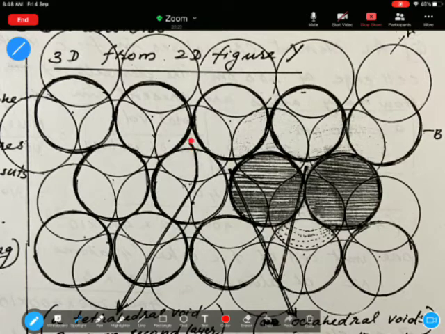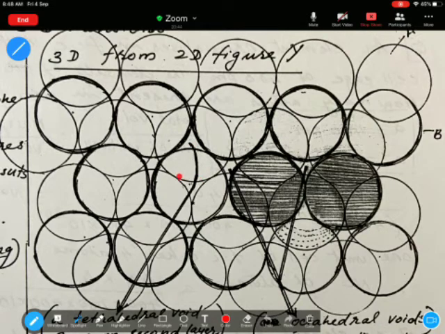If you keep balls on all tetrahedral voids, I told you, then you cannot keep at octahedral voids. If you are keeping on octahedral voids, then you cannot keep on tetrahedral voids. Let's take that option where you are keeping the balls on all tetrahedral voids.